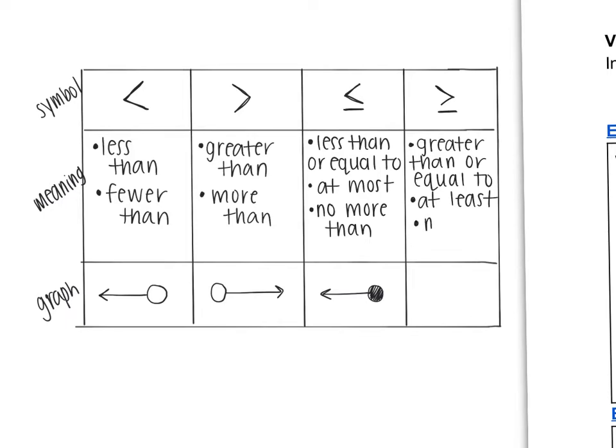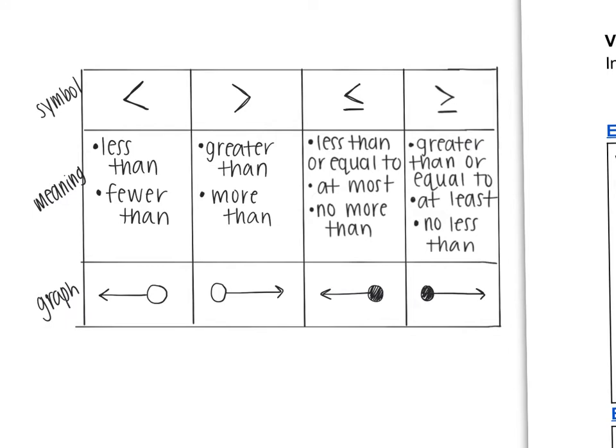Or if I say no less than, that's greater than or equal to. Oops, I'm going to move that circle over here. Greater than or equal to is a closed circle with an arrow to the right.